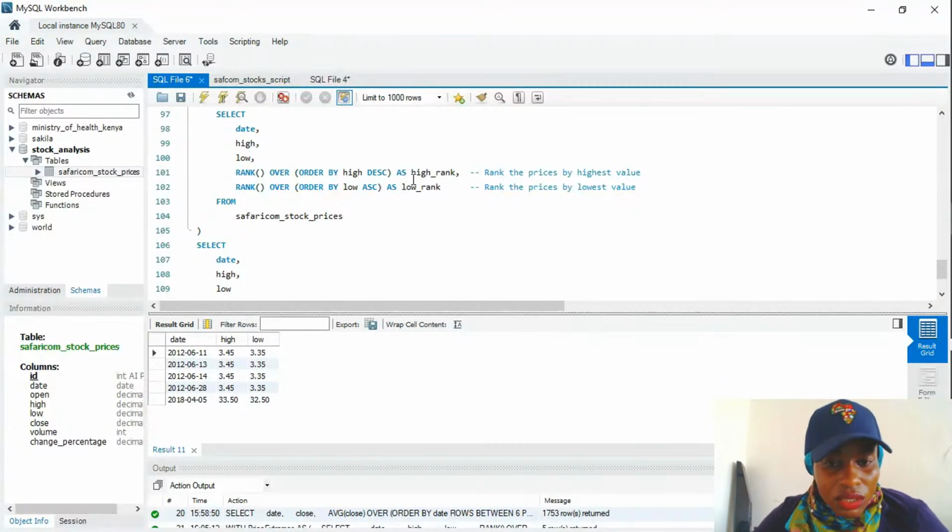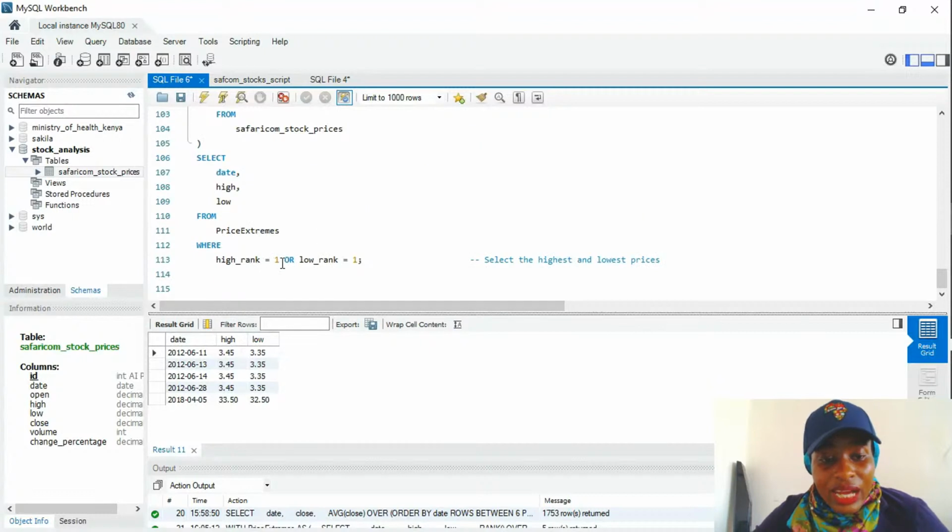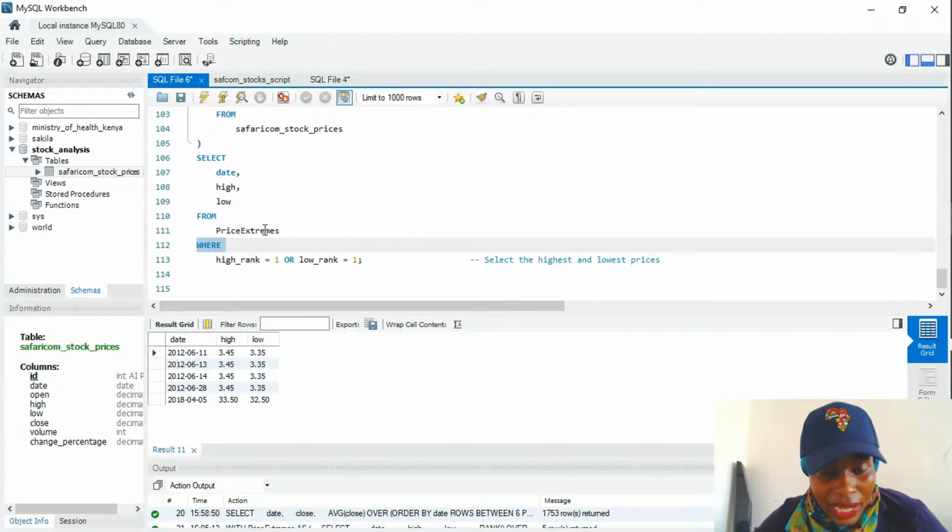That is why we have high rank equals 1 or low rank equals 1. And of course we've used the WHERE clause here. I hope you understand how that works.